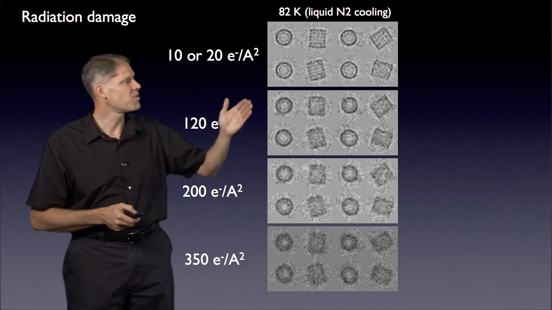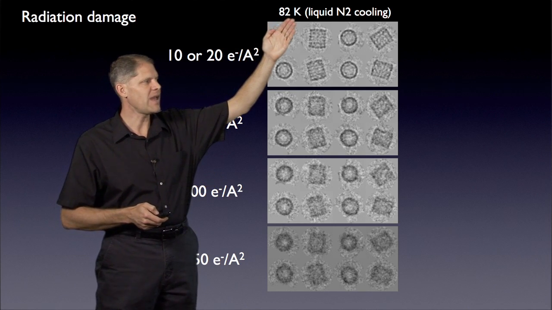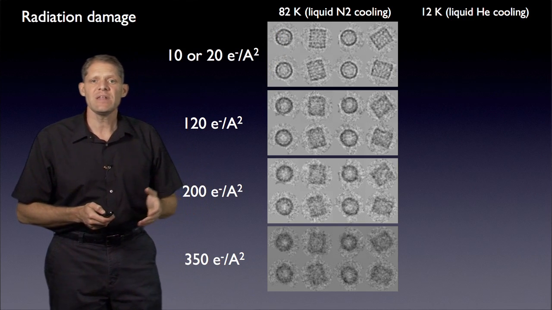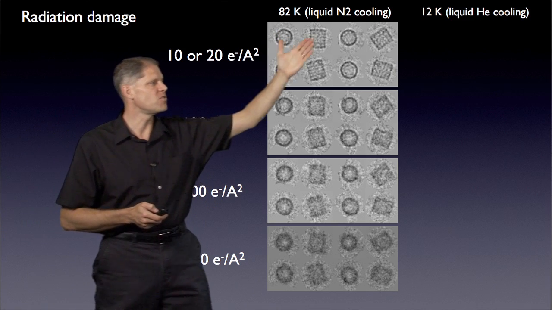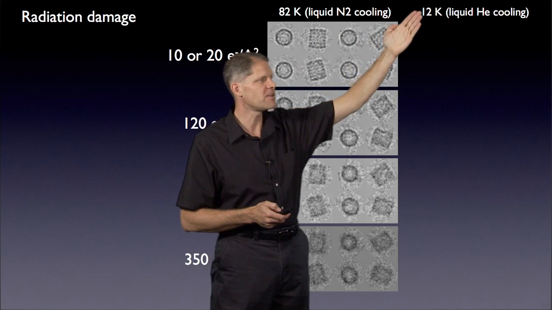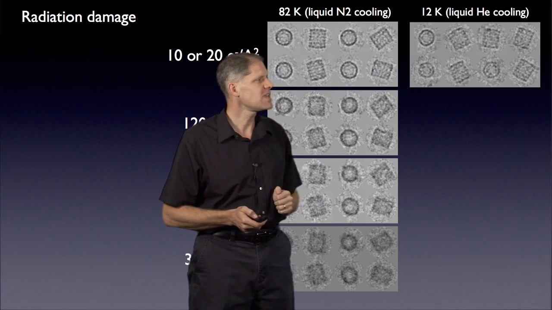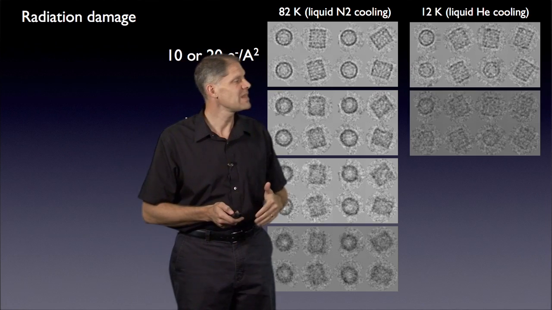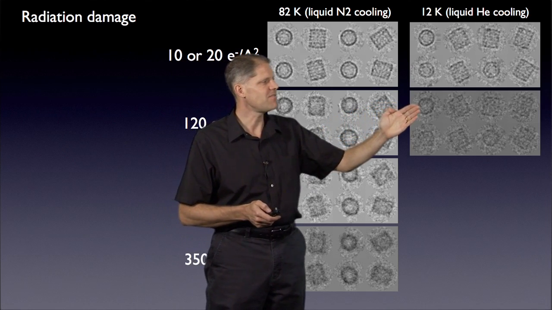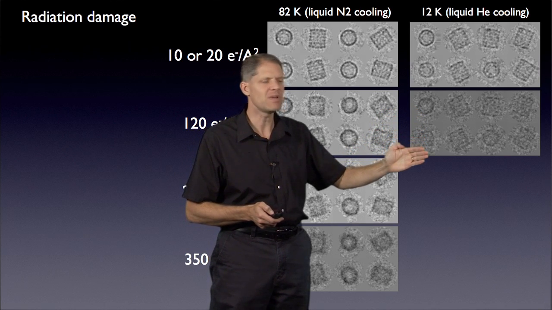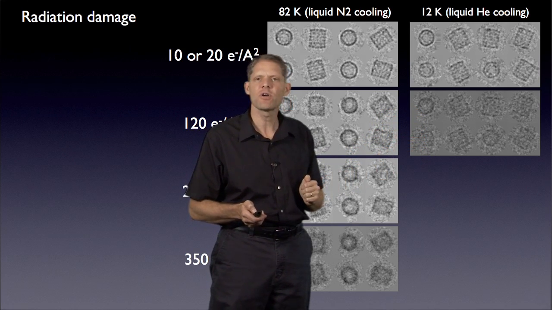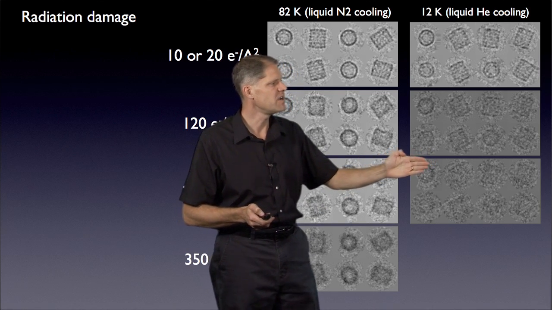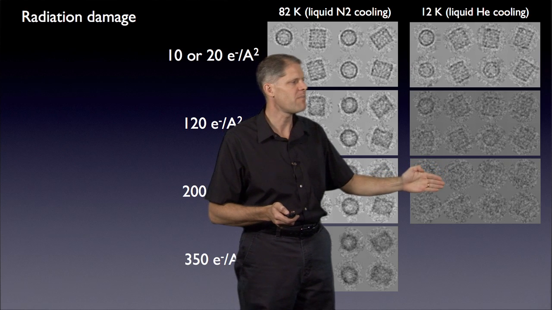These images that I showed previously were recorded at about 82 Kelvin under liquid nitrogen cooling. We repeated the experiment with liquid helium cooling where the samples were kept at more like 12 Kelvin. And in this case, what was seen is that the first few images were very similar. But later, the protein density faded against the background and became less visible, lower contrast, until the particles were nearly invisible against the water background.